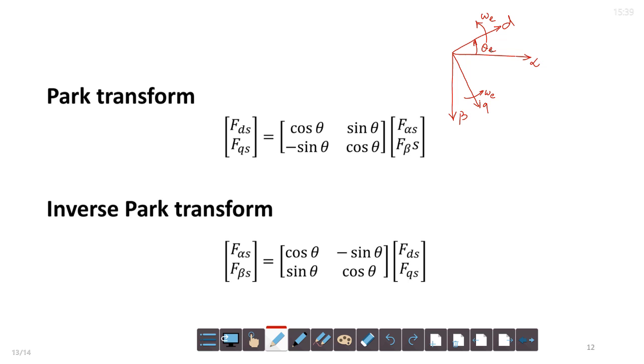Here, by resolving the components in the same way, we get the Park transformation from alpha beta to dq and dq to alpha beta.